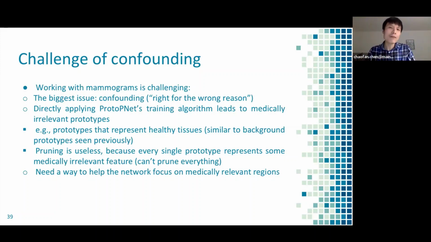For example, you can have a model trained on medical images that says the important part for why it classifies this as a spiculated mass margin is this region, but the region it provides as the reason might not even be on a mass margin. We know that this is not good. This is known as confounding.